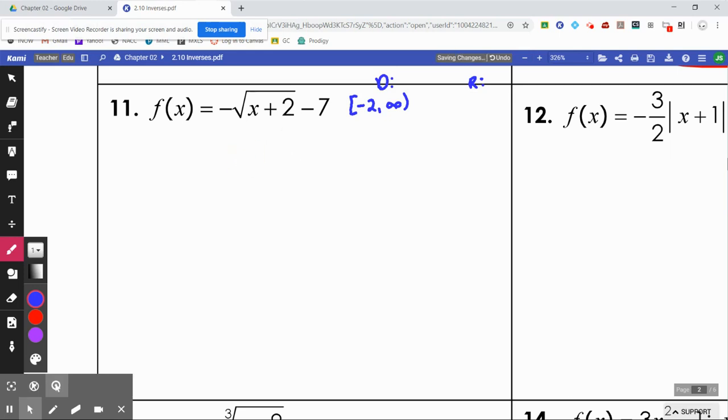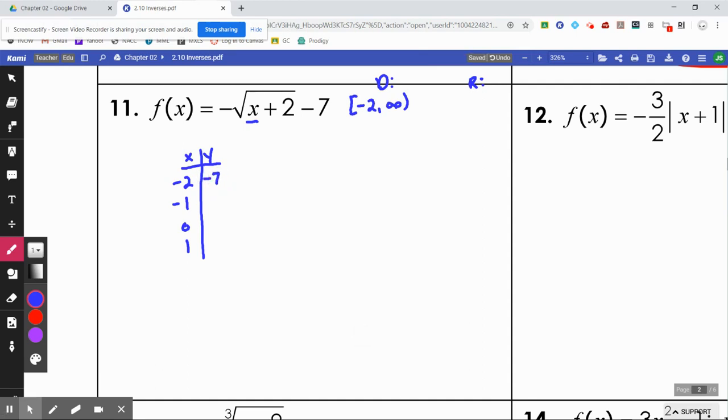The way that you can find the range is once you have domain, you can actually plug those values in, and you can see what happens. So my domain, my x values are negative 2, negative 1, 0, 1, 2, so on and so forth. As you plug those in, negative 2 plus 2 is 0, square root of 0 is 0, negative 0 minus 7 is a negative 7.